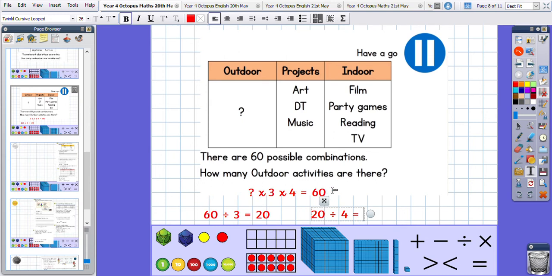So to start off with, we've used 60 divided by 3, because I find that easier to do than 60 divided by 4. And then we've used the answer and divided it by 4. So we've used all the numbers in our number sentence to find out what the missing number is, what the question mark is. So 20 divided by 4, 4, 8, 12, 16, 20. So there must be 5 outdoor activities.